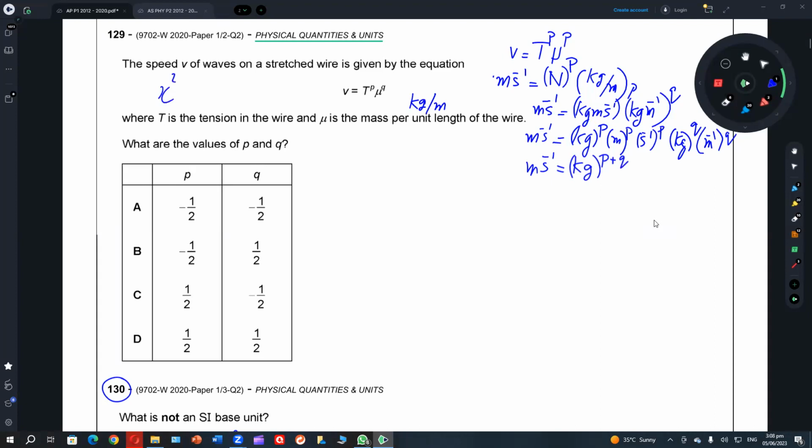X power 2 into X power 3. Do you remember it used to become X power 5? Yes. So I have added them. What about meter m power P and m power minus Q? So they will add together then.